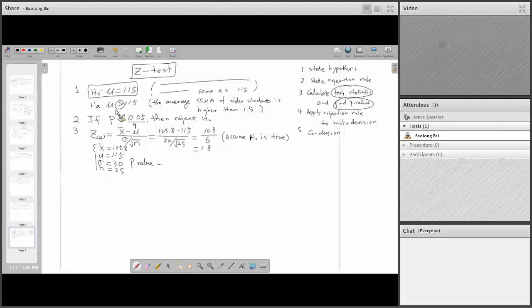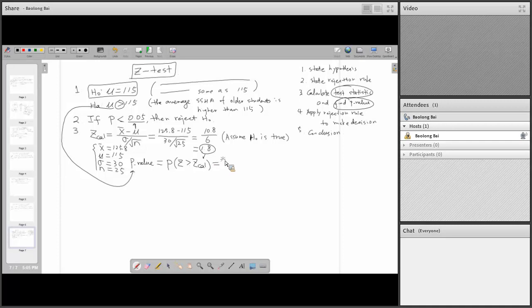Since our alternative hypothesis here has a greater than sign, from the earlier PowerPoint slides we know the p-value will be the probability of z greater than calculated z. Basically, the sign here and the sign here need to match. It's easy to remember, right? And the calculated z is 1.8, right? We calculated it already. That would be the probability of z greater than 1.8.